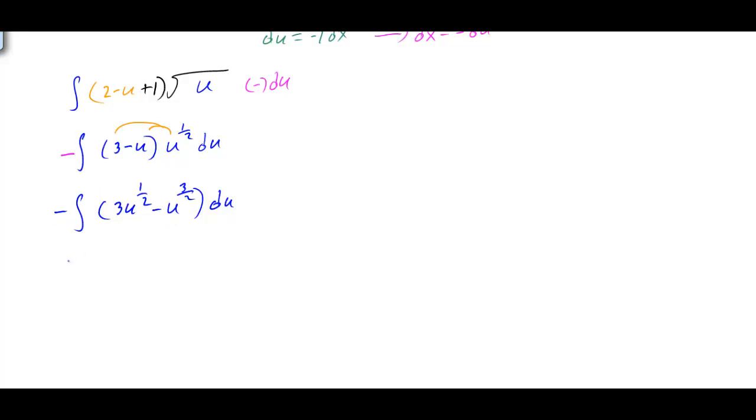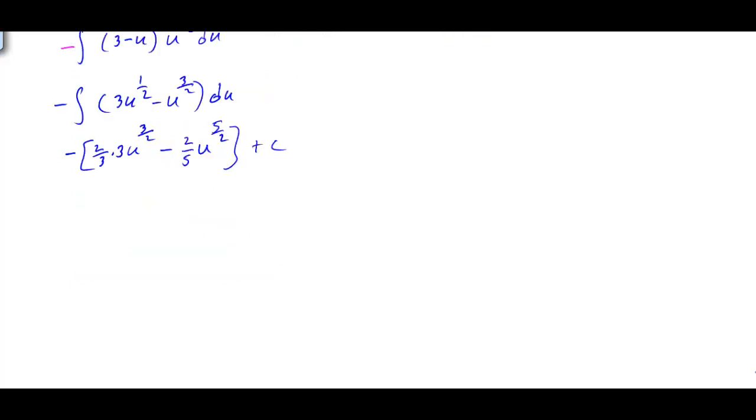Now we still have this negative out front, so we'll leave that there. And we would get 3u, well, if we add 1, that's going to be 3/2. And once again, instead of dividing by 3/2, I'm going to multiply by the reciprocal, which would be 2/3, minus u raised to the 5/2, and multiply by the reciprocal would be 2/5. And we have our plus c.